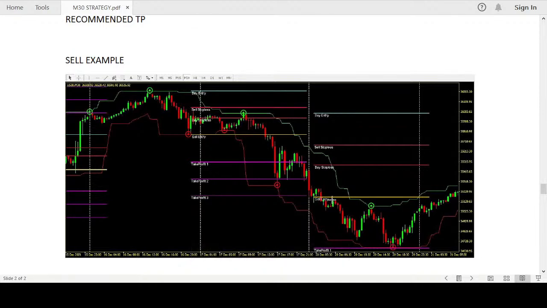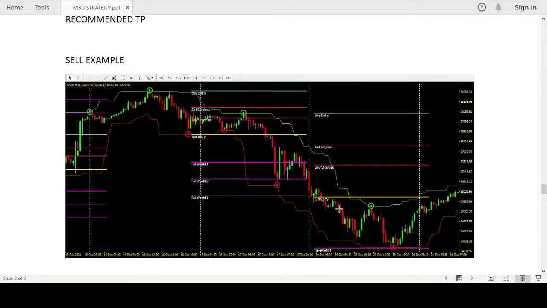This was also a valid entry, and it was actually in the Asian session. It triggered underneath this red circle dot, so it doesn't have to be at the same level to be valid. It can even be beneath where the red circle dot performs.